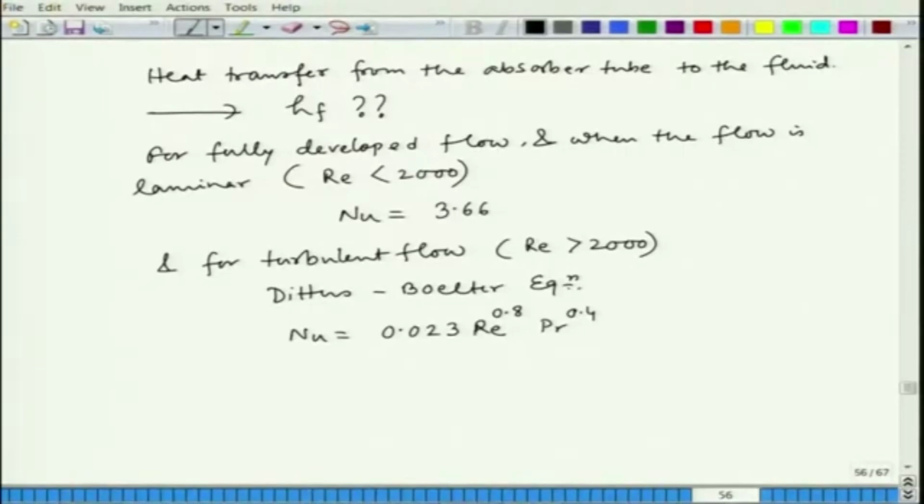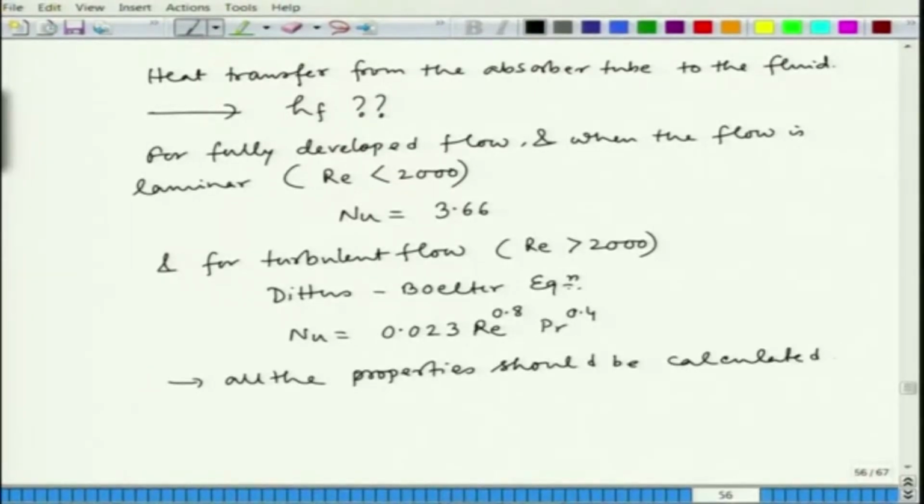Okay. So, here again all the properties should be calculated at the mean fluid temperature, and that is your Tfi plus Tf naught, that means the inlet and outlet temperatures of the fluid, the average of them.